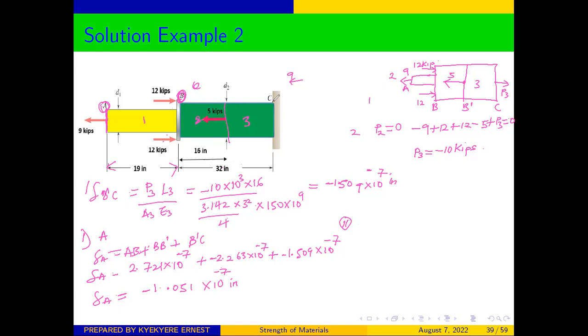Because when you are moving from point C, which is the rigid support, up to point B, the deformation is only as a result of section 2 and section 3.